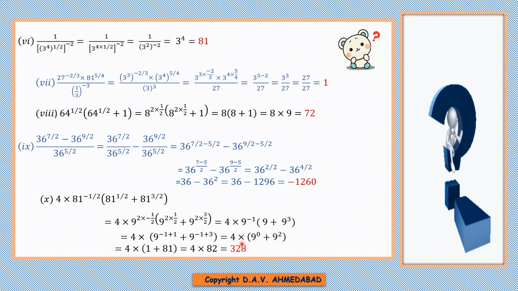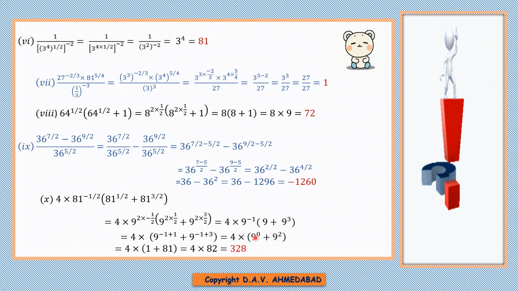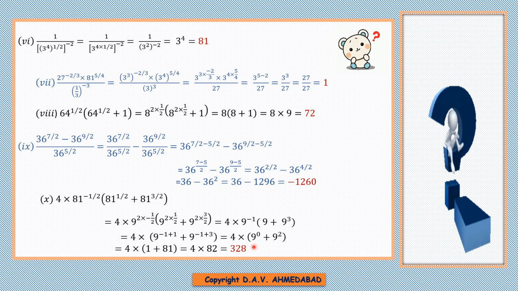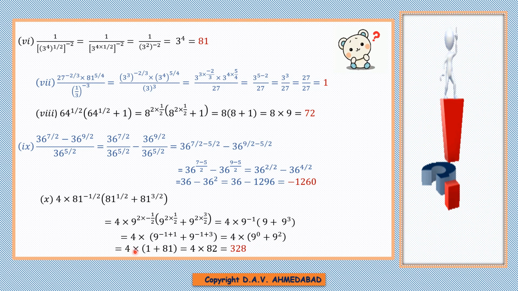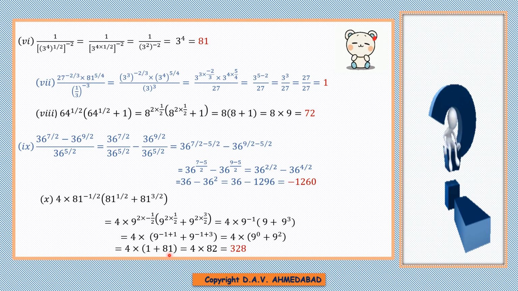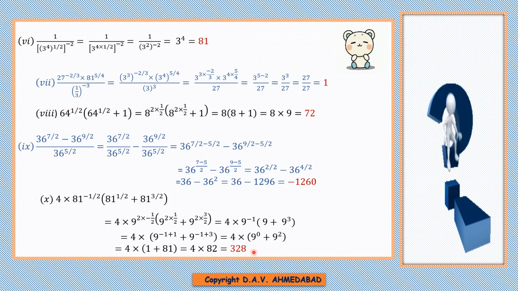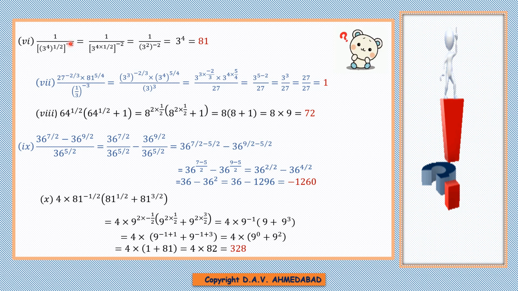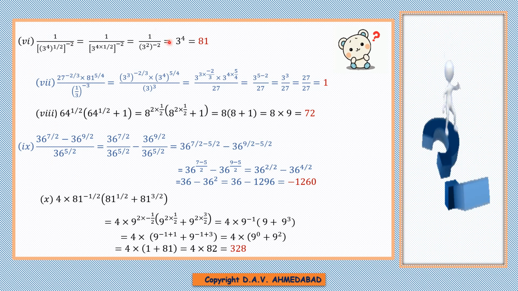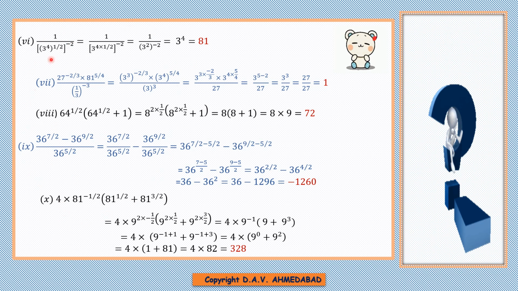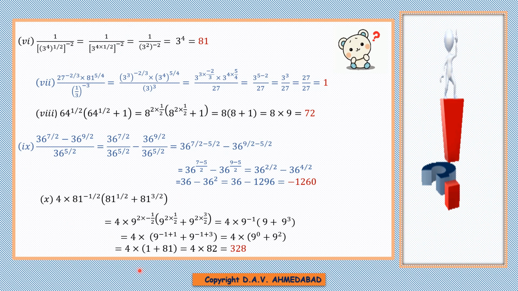So we are having 4 into 9 raised to the power 0 plus 9 square. 9 raised to the power 0 is 1 because any number raised to the power 0 is 1. So 4 into 1 plus 81. 1 plus 81 is 82 and 4 into 82 is 328. Right?